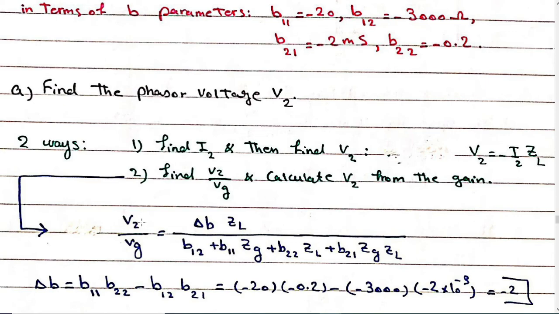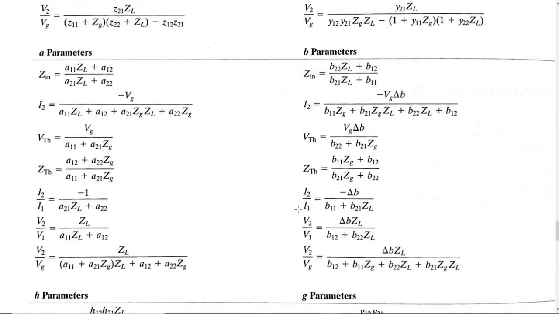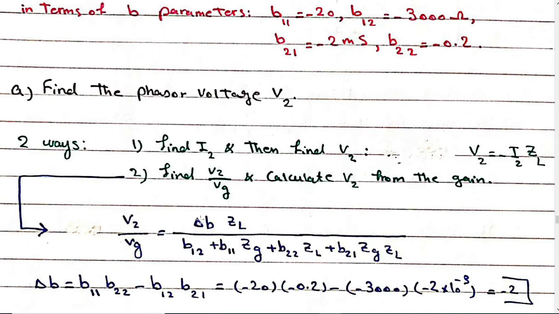So we don't have the value for V2, so use this equation from here. Why B parameters? Because we have the set of measurements for B parameters. So we have VG, we have ZL, we have ZG, we have all the measurements for B parameters. So V2 will be calculated.